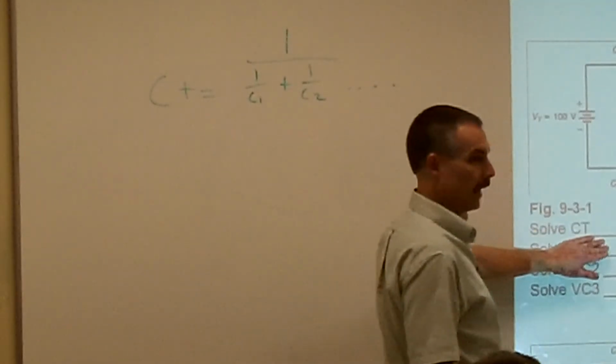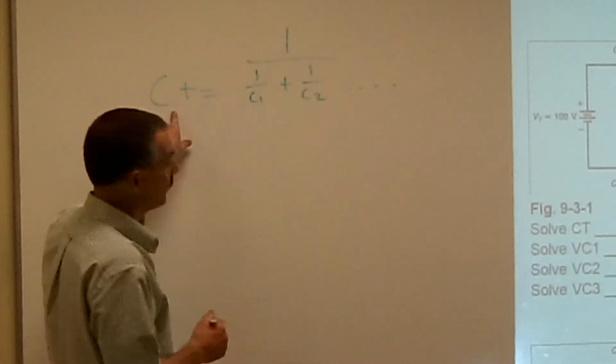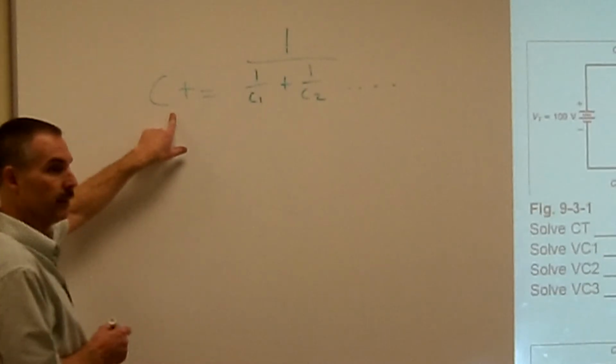Don't just tell me what the total capacitance is. What does the circuit equal for total capacitance? So you did the 1 over thing, right? Yep, that's the formula that you want to use.